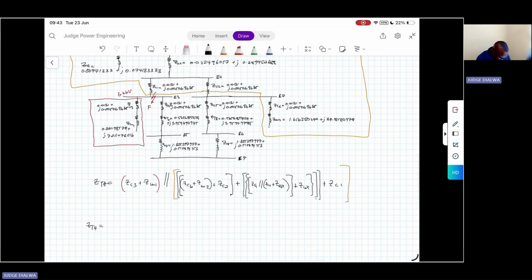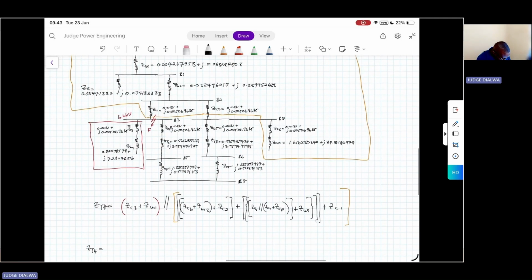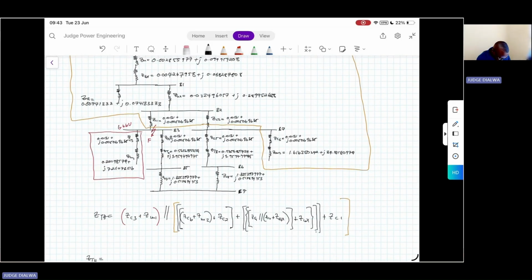So that will be this. The generator being parallel to the series combination of the utility and the generator transformer, in series with our unit generator, and then all that parallel with everything we just considered. Actually, it should be parallel, not series. Okay, so we corrected.